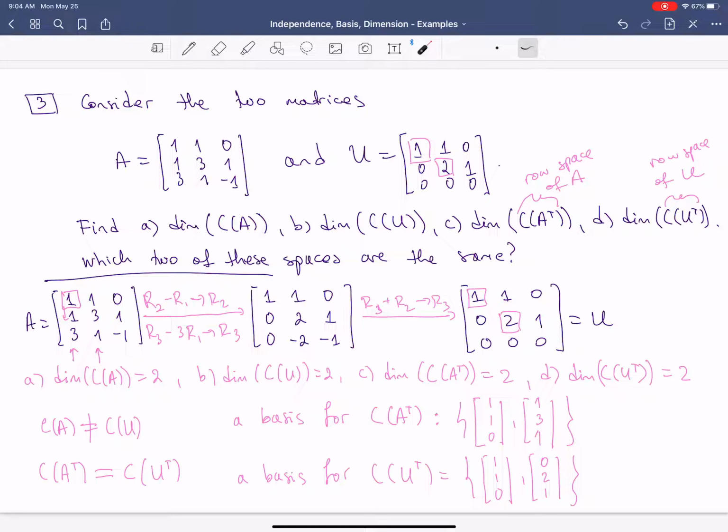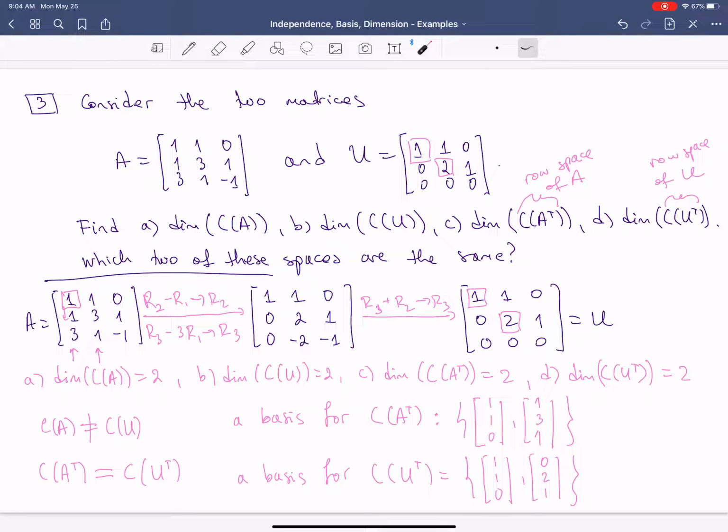So I can express this vector as a combination of these two, and I can express this vector as a combination of these two, which means that the spaces spanned by either of these bases are the same. So that's how we test whether two spaces are the same.